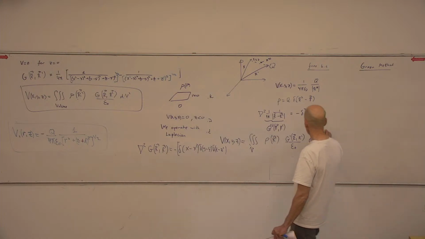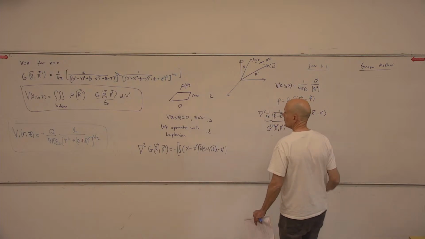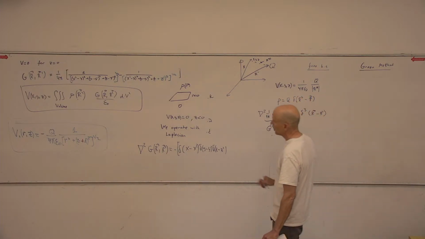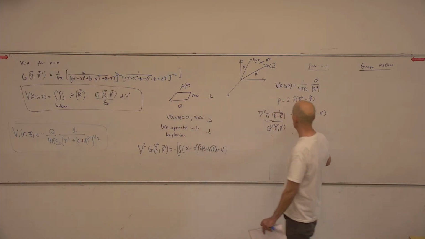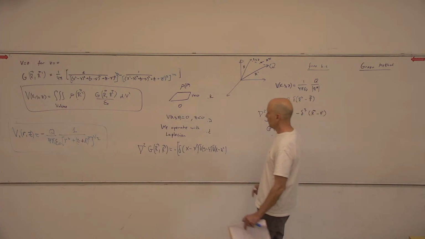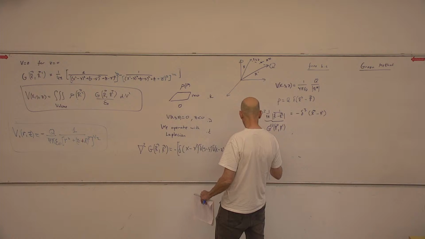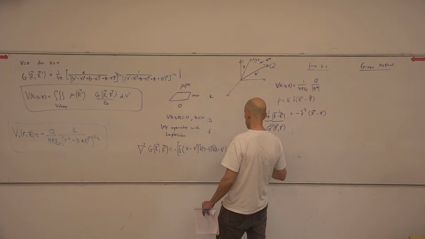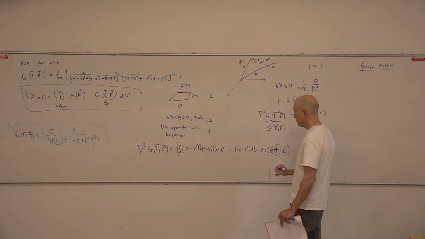These are the two delta functions that I was mentioning. Why? Because I'm operating on this part and I'm using this one. And here I have minus delta x minus x prime, delta y minus y prime, delta z. Now here I have the minus, so here I have a plus z prime.